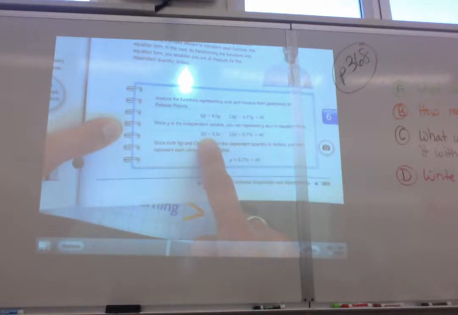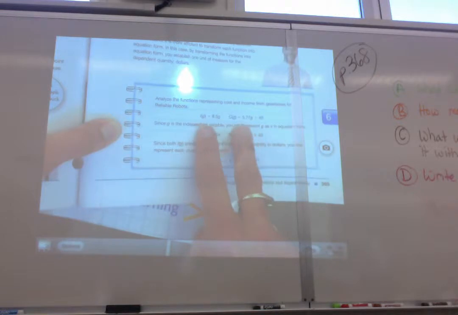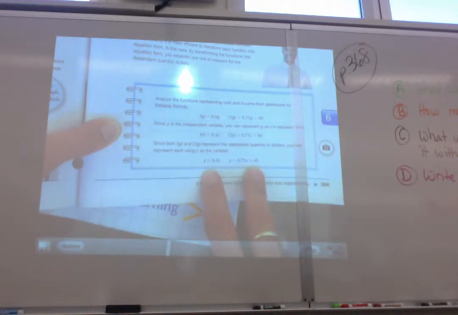Change the g to an x. And now go down one more line. What did they do? Change the I and the C to Y. Okay, so this is set up to match our scenario, and then they changed the g to an x and the function notation to a y.